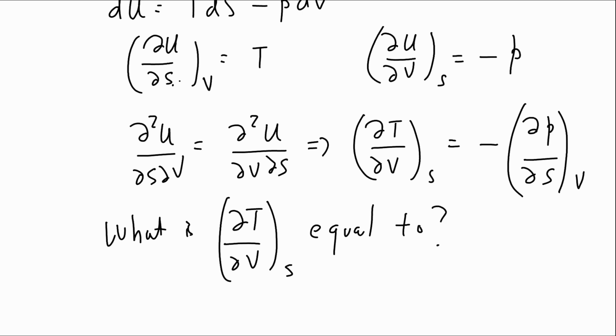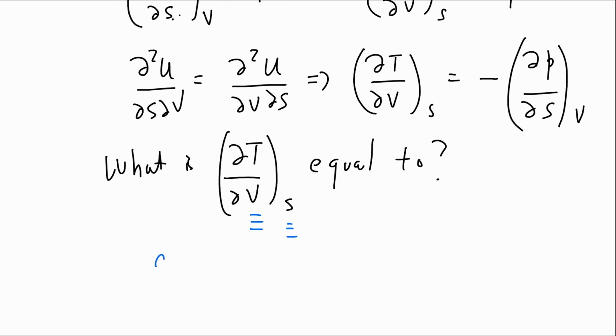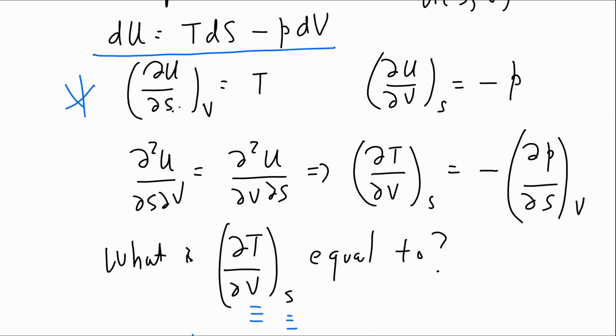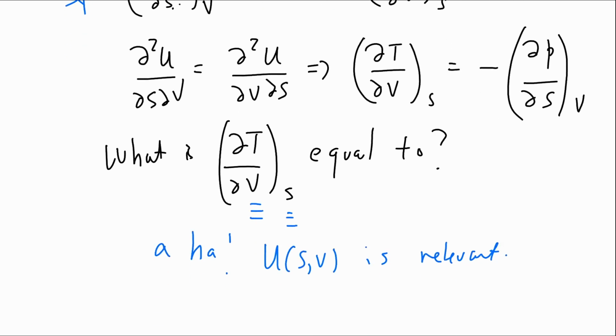The way I would answer this is I'd see these things, and I'd say, aha, u of s and v is relevant. And so I would go and look at this equation here, and I would note these things, and then I'd say, oh, there we go, there's the T. And then I would realize I would use Maxwell's relations.